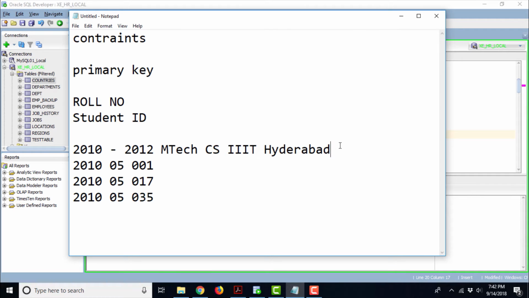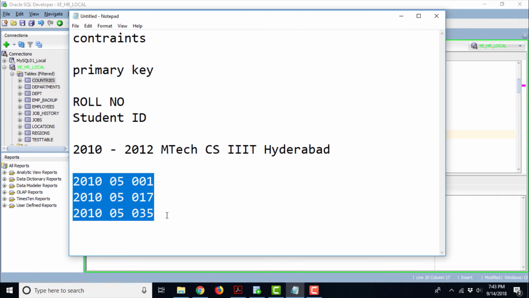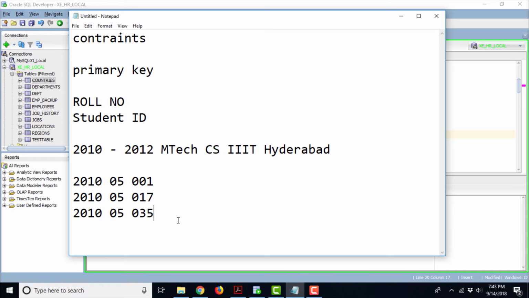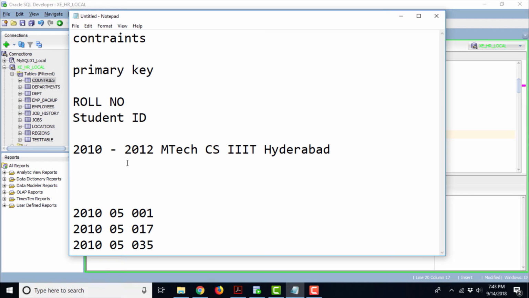As I told you, there were around 35 students in my class. The person who got admitted before me was also in the 17th position in his class, with 35 students in his class, but he had another unique number: 2009 05 017.